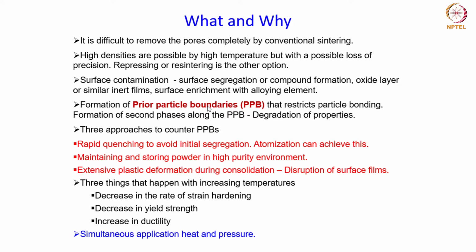And then when we are talking about pre-alloyed powder, there could be possibility of surface enrichment with the alloying element, and that again leads to some kind of difficulty as far as the bonding between the particles is concerned, okay? So this kind of surface contamination leads to the formation of what is known as prior particle boundaries, or PPBs.